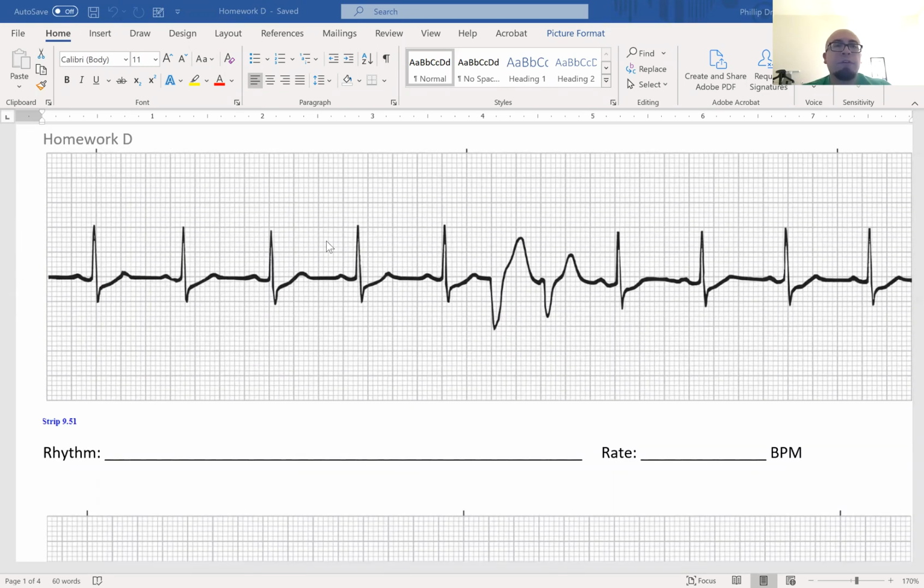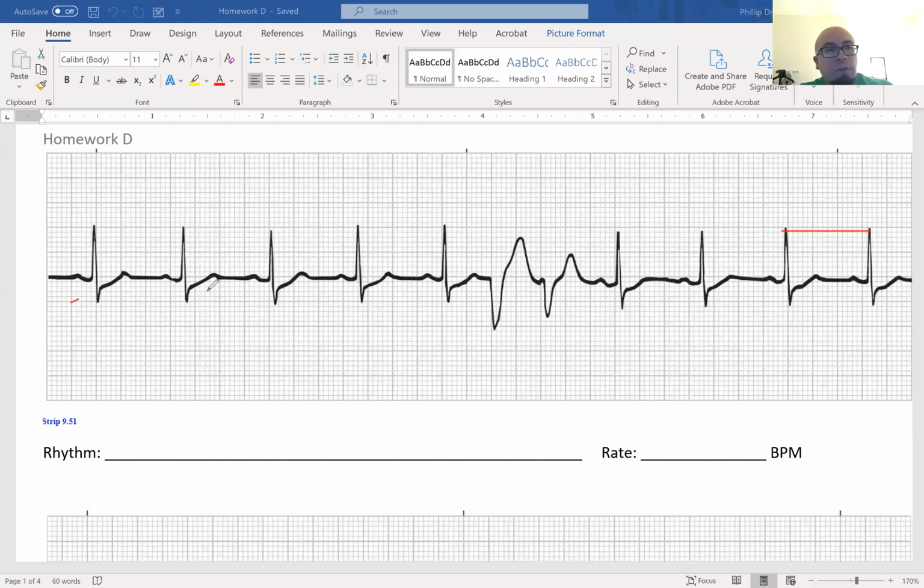This one here, hopefully you can tell by now, we have a regular rhythm. But when in doubt, make sure you measure it. Good, looks good. And then I have 2 PVCs. Regularity is fairly regular, good. No big changes. Let's check the waves.